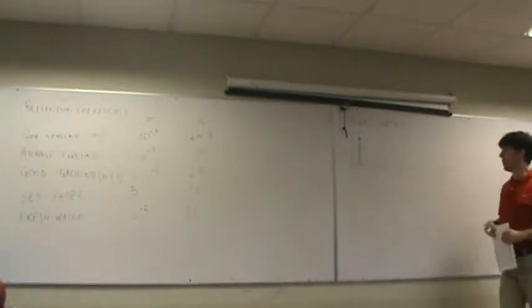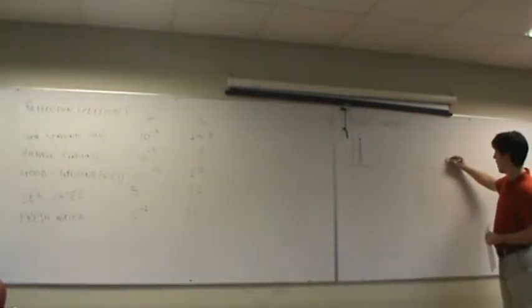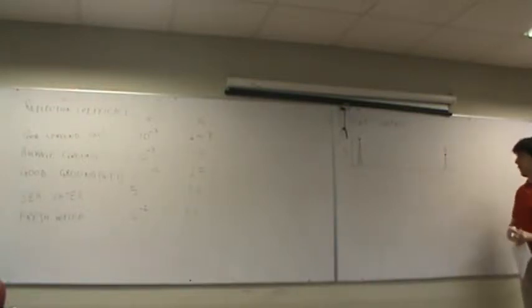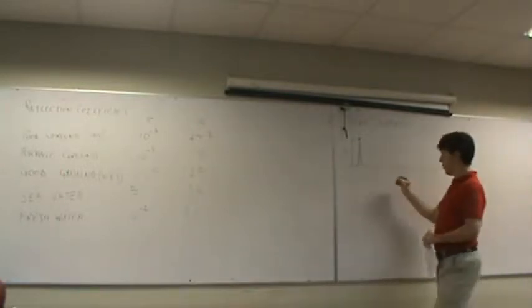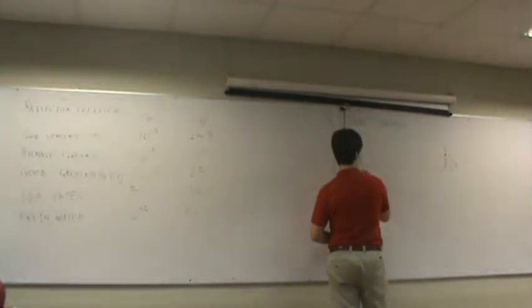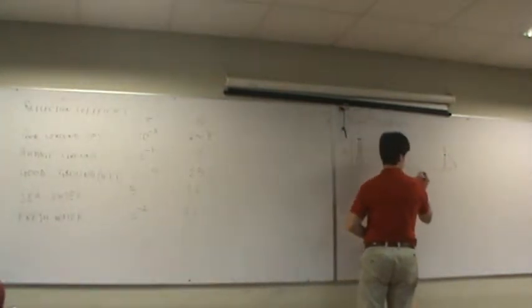HT is the height of the first tower, and we have a tower of different height, HR. The distance between the two towers, measured on the ground, is D.